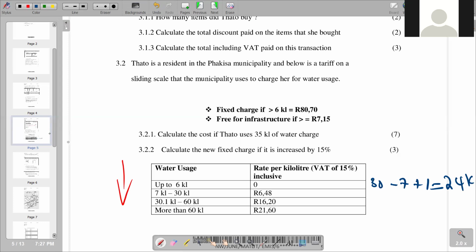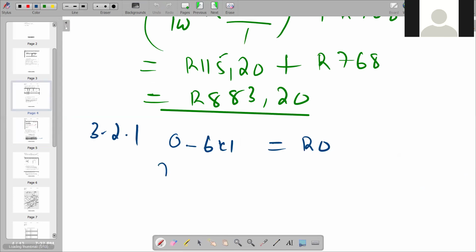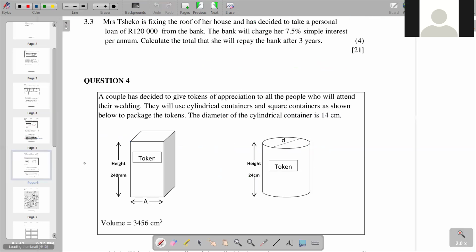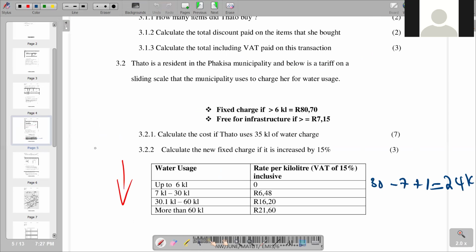So from 7 to 30 kiloliters, we have 24 kiloliters, and then we multiply by the charge that we have between 7 and 30, which is 6 rand 48. It is 6 rand 48 as indicated there.